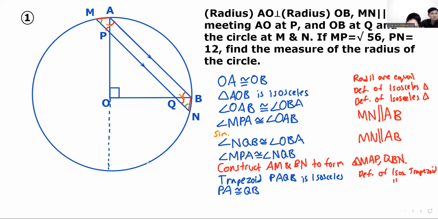If we continue AO, then it will hit a point, we can call it C. So if we extend AO, it will hit C. If O is the center, it's a diameter. But AP is a chord. Similarly, MN is also a chord.